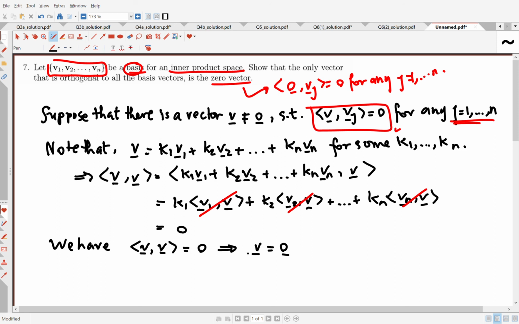This is by property 4. So it is a contradiction since I want my v to be a non-zero vector. Okay, so what is the conclusion? The conclusion is, which is a contradiction.